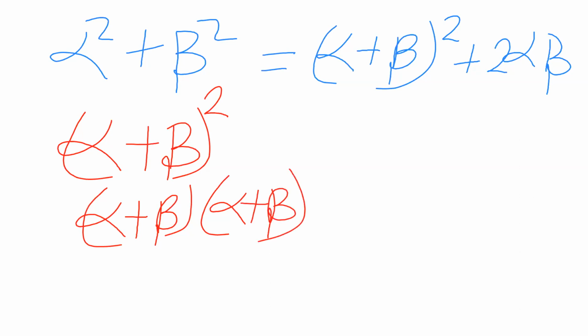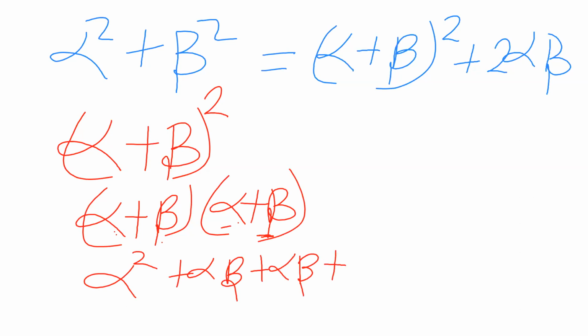Is it? Yes, sir. And then you can say alpha times alpha, it is alpha squared. Alpha times this beta is what? Alpha beta. Then you say alpha plus beta times this alpha, it is what? Alpha beta plus beta times beta, beta what? Beta squared.